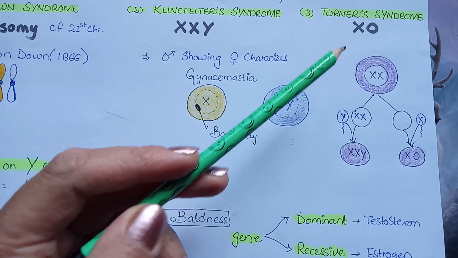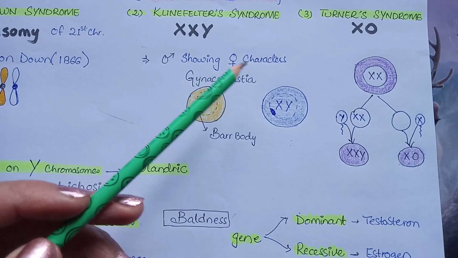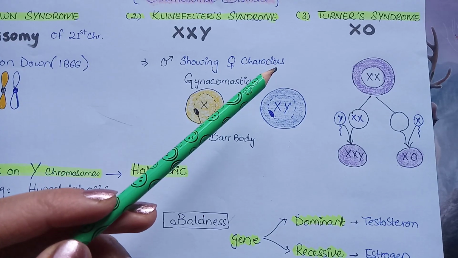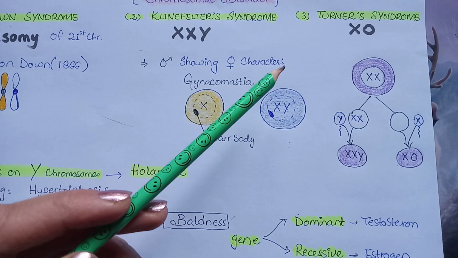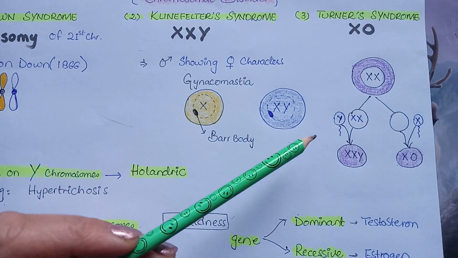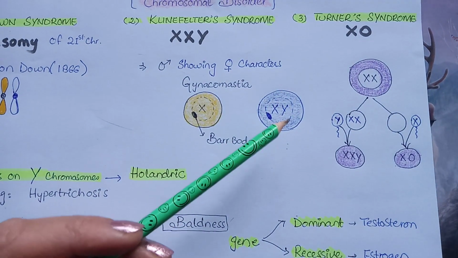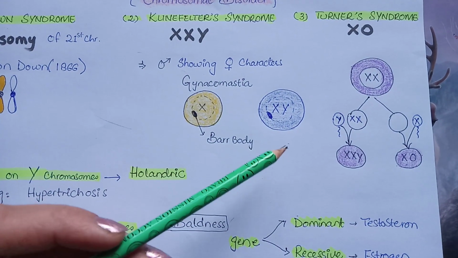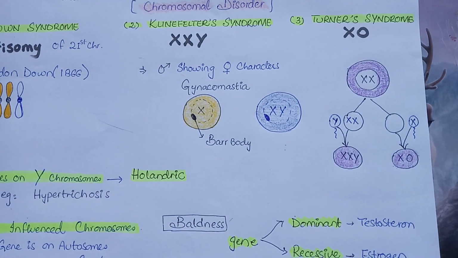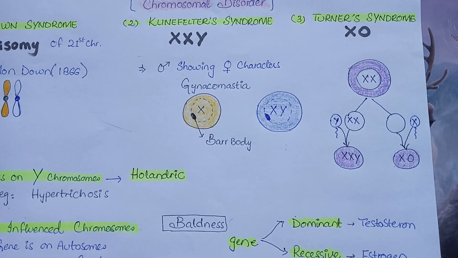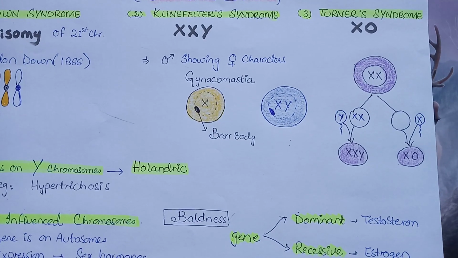Now if we compare these two situations, a female normally has two X chromosomes, and during egg production, one egg should receive one X chromosome, and the other egg should receive the other X chromosome. If these chromosomes fail to separate, then there are chances of Turner syndrome.